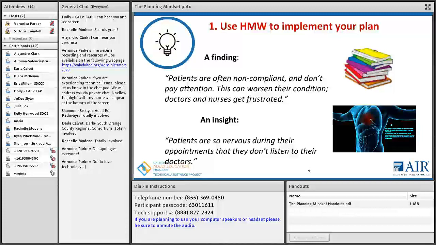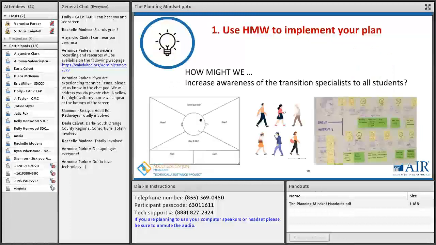What is underneath this notion that the transition specialists and the teachers aren't communicating well enough? How might you develop some strategies that might get more at the root cause than just sending out more emails, writing a newsletter? There may be some other ways to start having transition specialists and teachers communicate with each other than what you might think of on the surface.